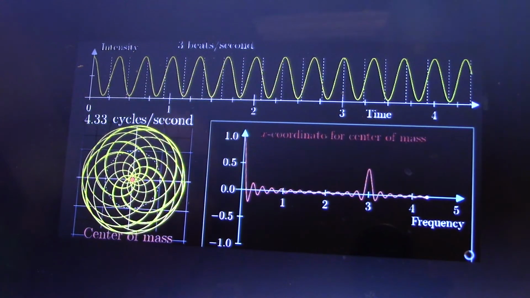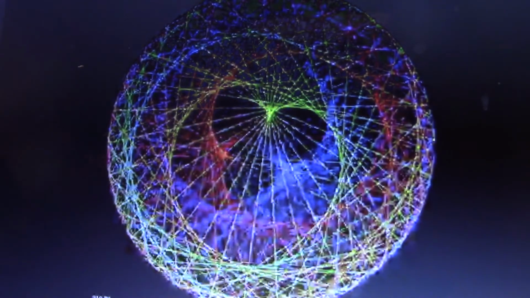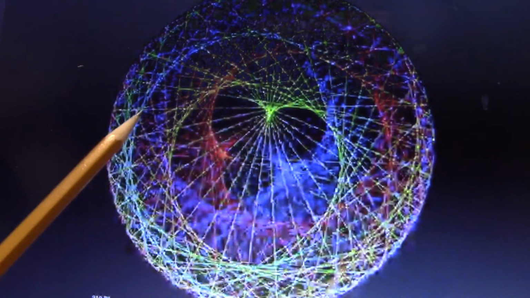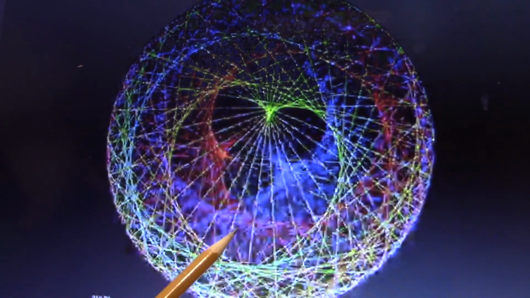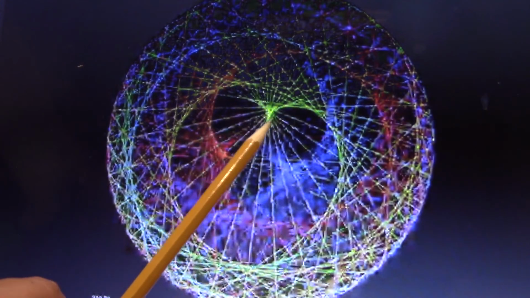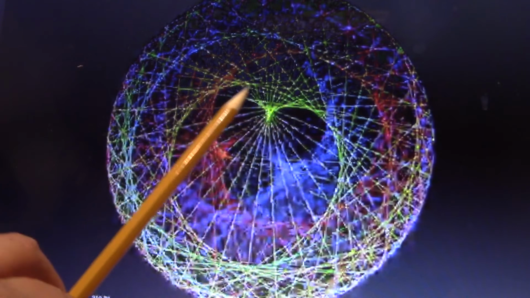Okay, there's another way that you can get there, and this is my favorite way as well. And this is coming from modular math. So as you can see here, or maybe not so easily, there is a cardioid pattern right here.